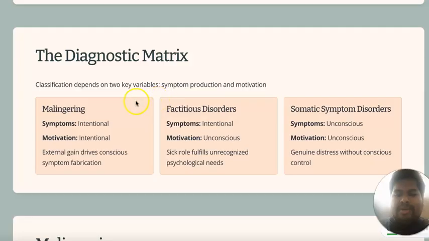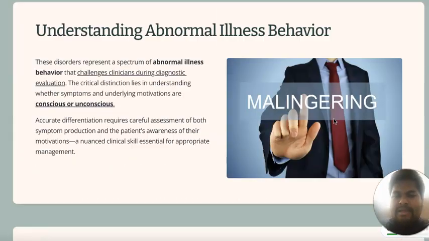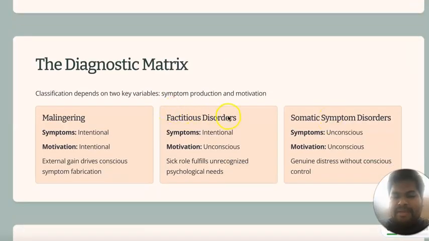Now let's understand the three most common disorders in abnormal illness behavior: malingering, factitious disorder, and somatic symptom disorder. In malingering, the motivation is intentional. It means the person is knowingly doing this. They plan in their head and they manifest symptoms in their body.